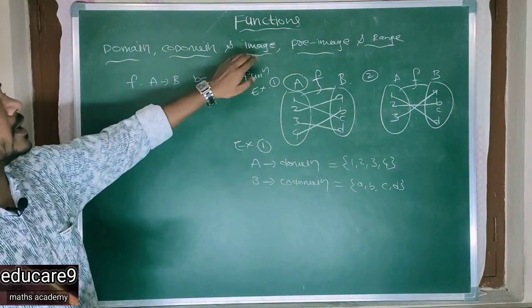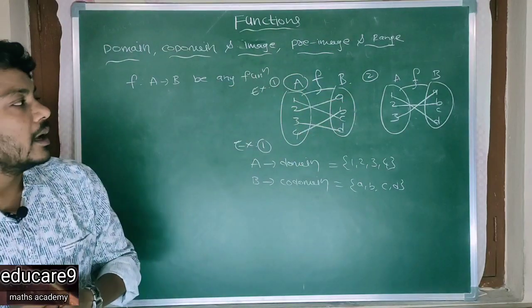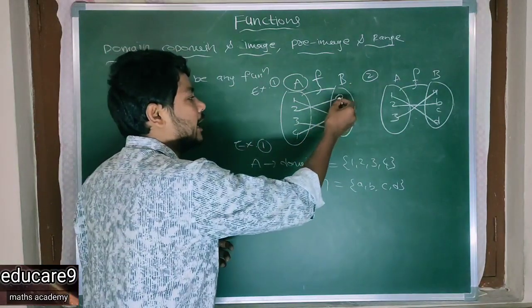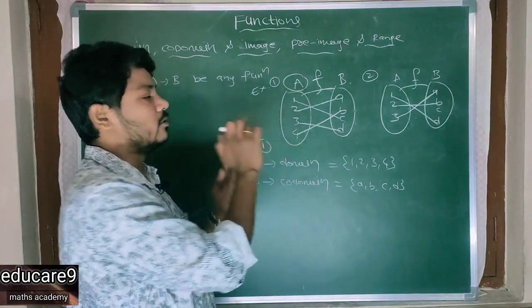Next, image. Let f from A to B be any function, and A, B, C, D are the images of what? 1, 2, 3, 4.